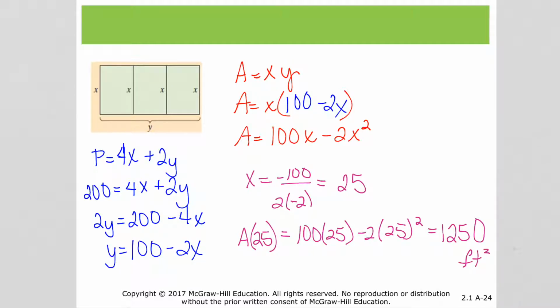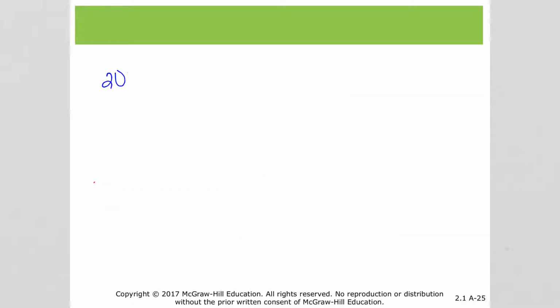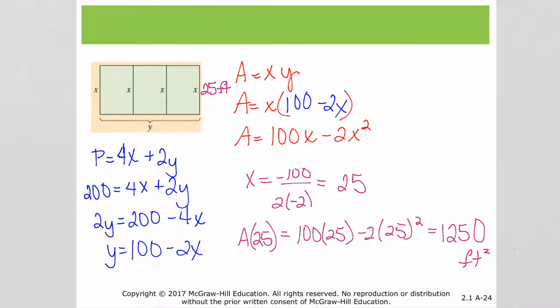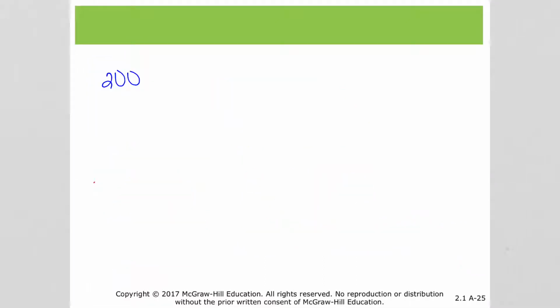So, if that's the case, we've already found that x is 25 feet. Okay? We need to find y. Well, how can we find y? We can plug back into our perimeter formula. So our perimeter was 200. Well, once we've got it solved, we have y equals 100 minus 2x. So let's go ahead and use that.